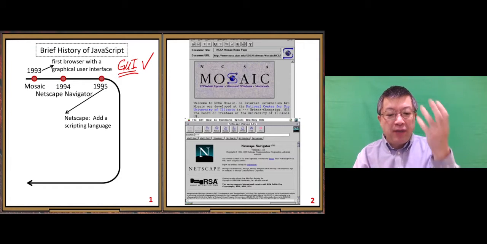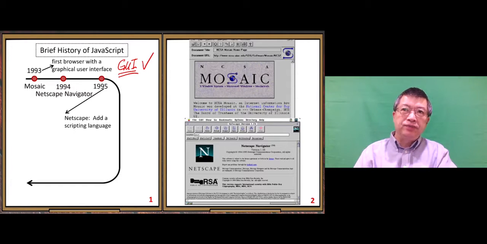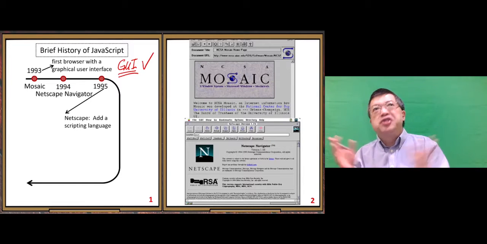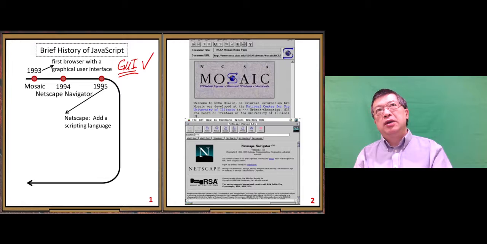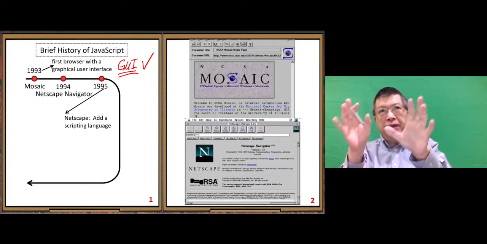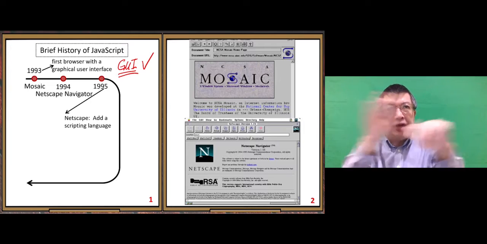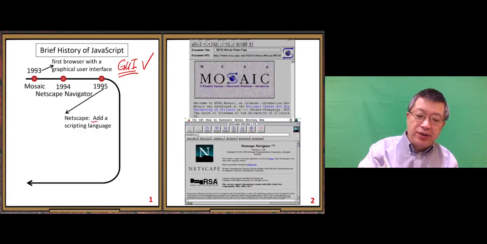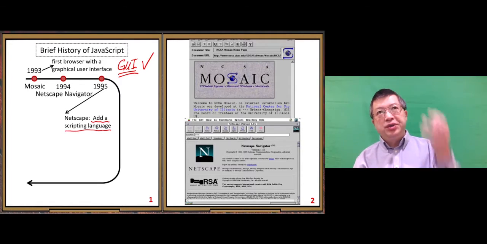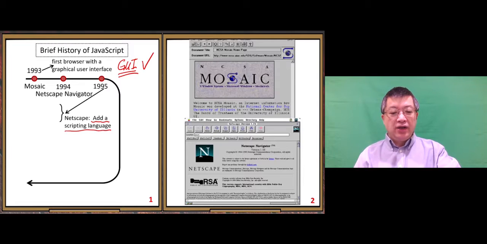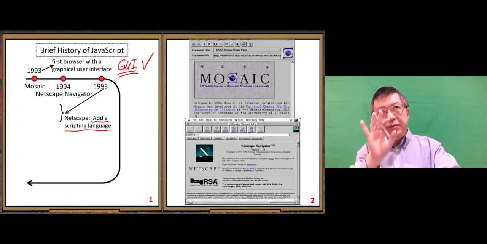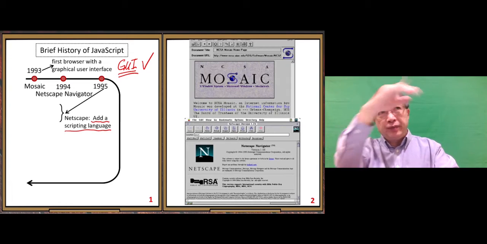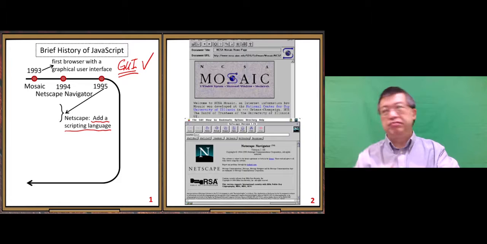So then the Netscape team felt that if they could only display static information, that was not very good, not very useful. So they wanted to put dynamic content in their web pages. For that reason, they wanted to create a scripting language to do the dynamic content. They used two directions to do this.